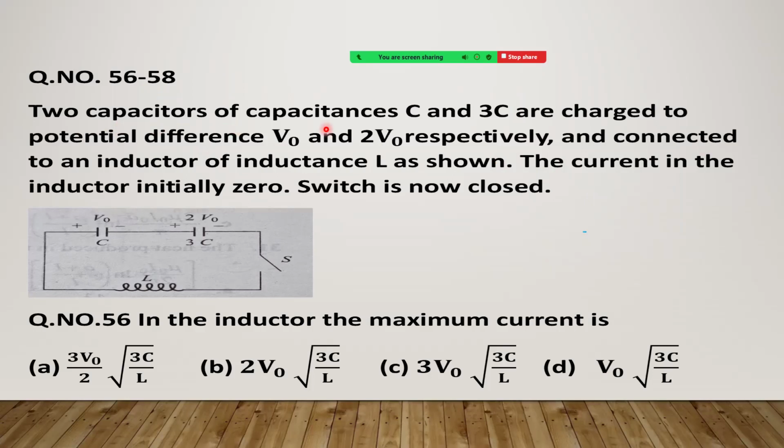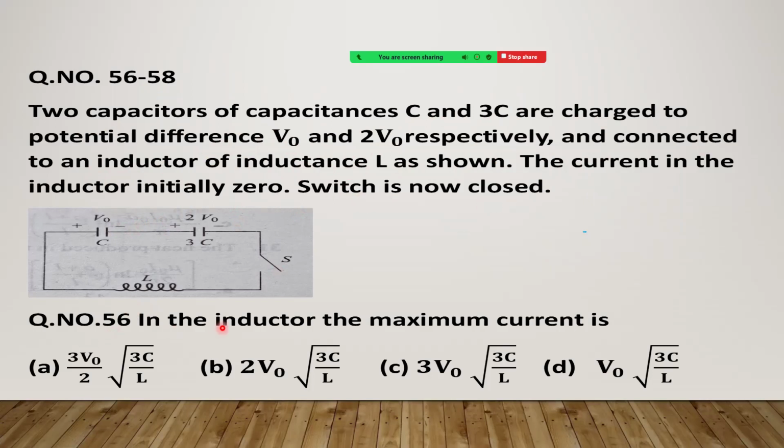Two capacitors of capacitances C and 3C are charged to potential differences V0 and 2V0 respectively and connected to an inductor of inductance L as shown. The current in the inductor is initially 0. The switch is now closed.